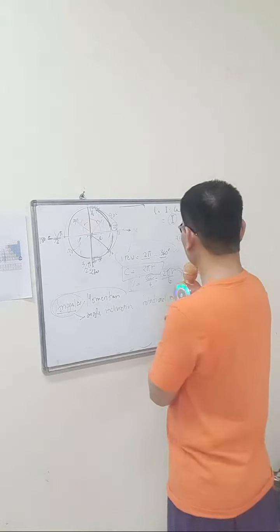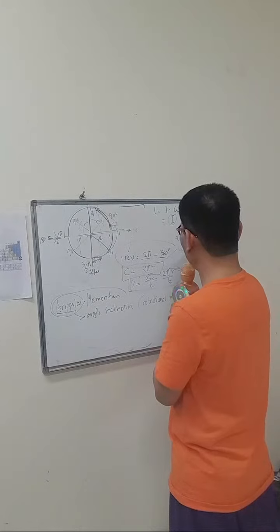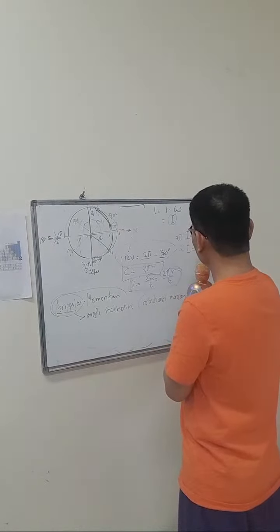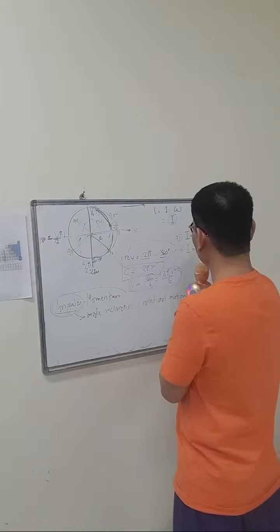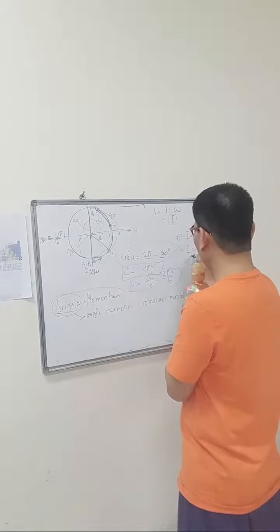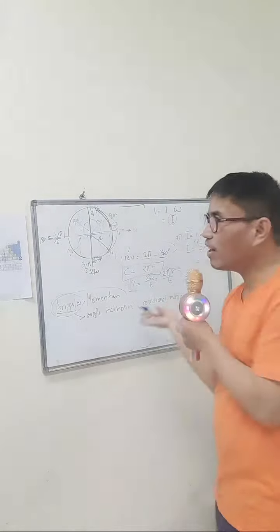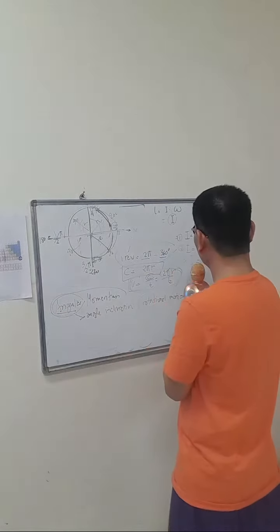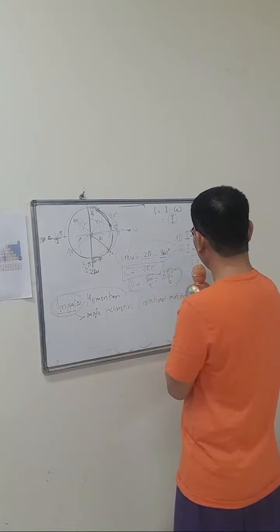Equation 2. The moment of inertia of a sphere is equal to 2/5 mass times the radius squared. Option 3. The moment of inertia of a cylindrical or round-shaped object is 1/2 mr squared.